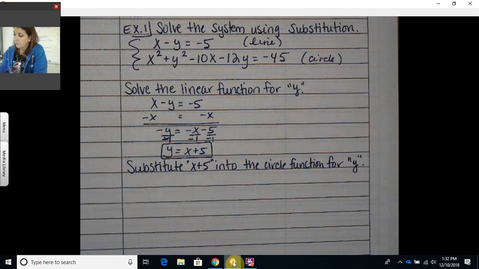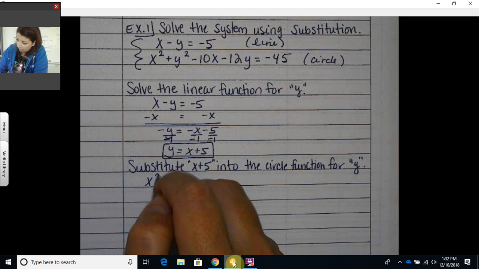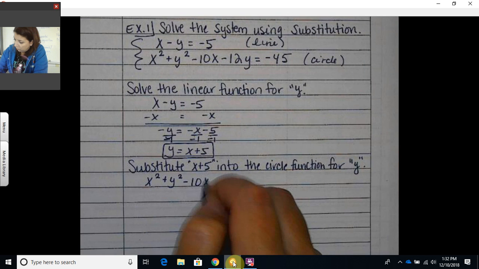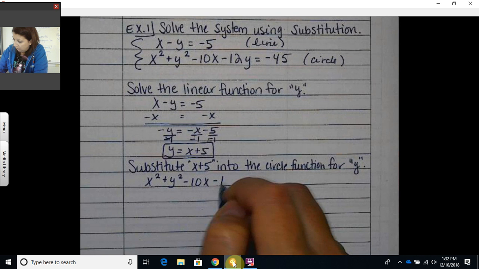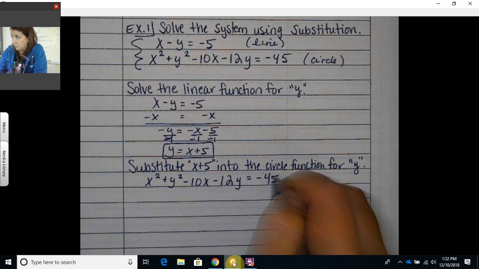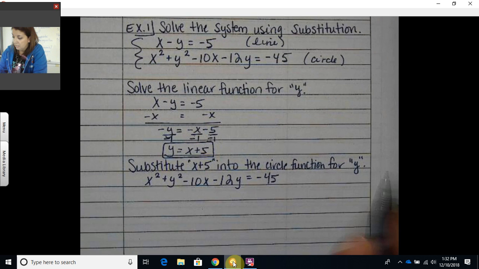Okay? So I'm going to go back and write that circle function first, just the way it's written. And be very careful not to write anything incorrectly, because that's what messes us up a lot of the times. We copy the problem down wrong. And now I'm going to go back, and wherever I see a y, I'm going to put parentheses.